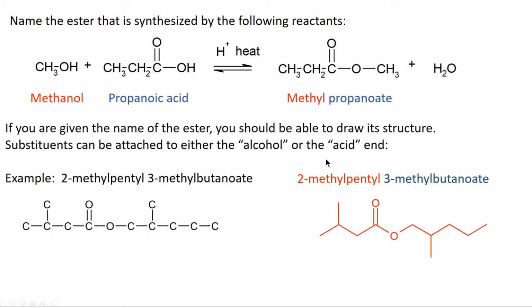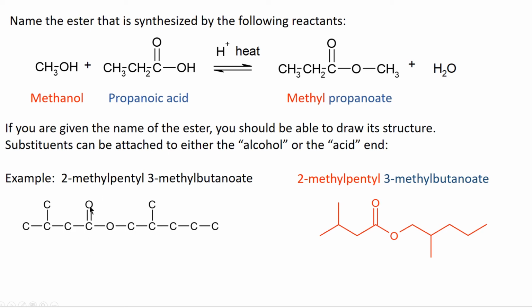So let's take a look. We have butanoate. This is the one from the carboxylic acid, the one that's attached to the carbonyl. So right here, we have our carbonyl. We have 1, 2, 3, 4 carbons. If you don't like the line structure, here's this one. We have the carbon attached to the double bond oxygen.